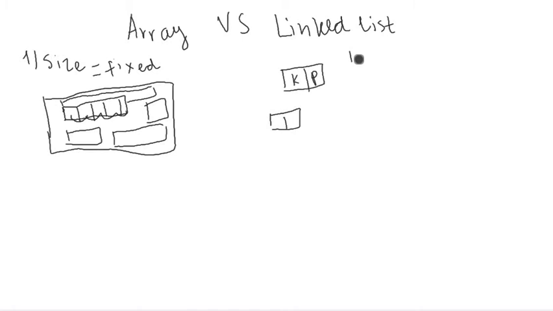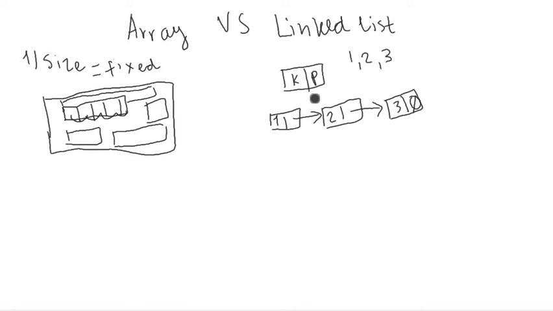For example, if you have a linked list of 3 elements, this will look like this. So first, this is the key and pointer, which points to the next element, which is 2. And this second element points to the next element, which is 3, and the third element doesn't point to anything.